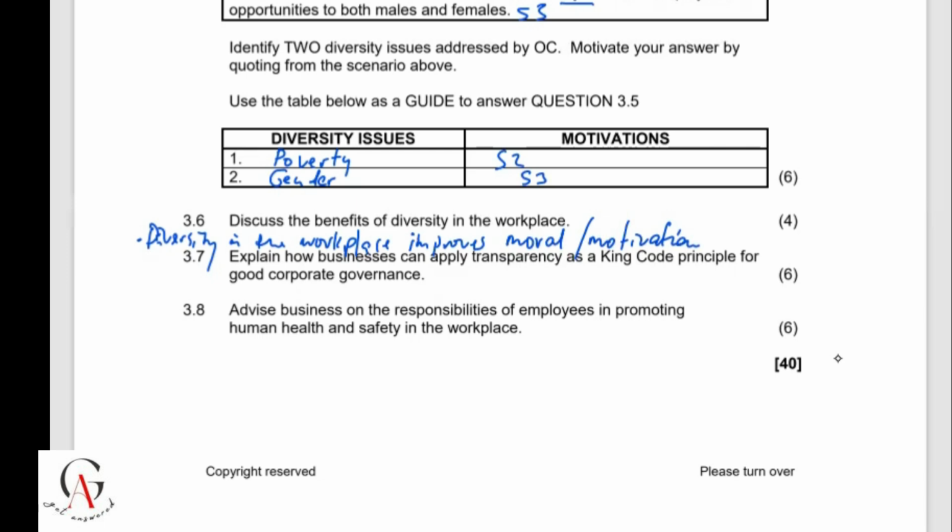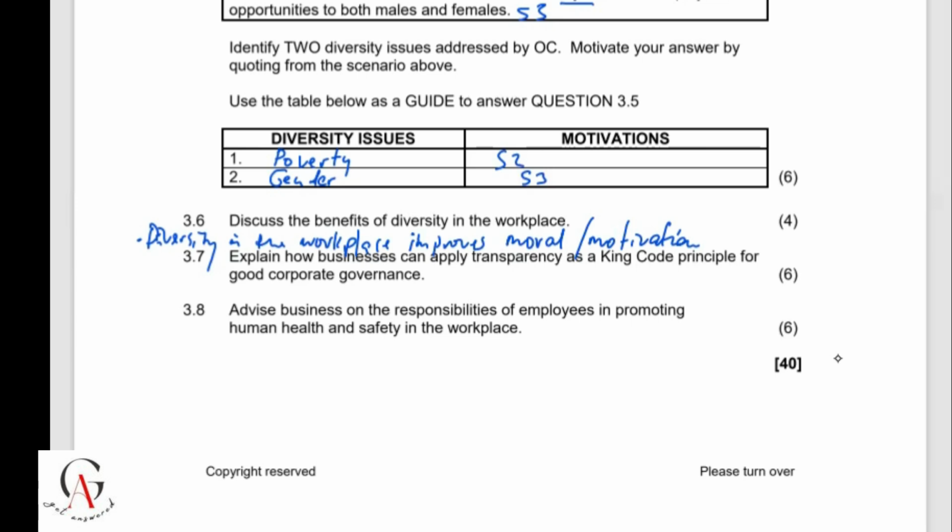Explain how businesses can apply transparency as a King's Code principle for good corporate governance. Okay, right. So now decisions or actions must be clear to all stakeholders. Also, staffing and other processes should be open and transparent. Auditing and other reports must be accurate and available to shareholders.